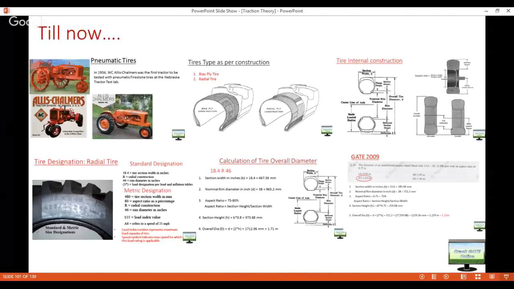First of all, we have seen how a tire is made, how tire geometry comes, and how to calculate tractor overall diameter. Everything has been covered in the tire lecture series, because the tire is of immense significance. It is the tire which actually helps your tractor move forward.